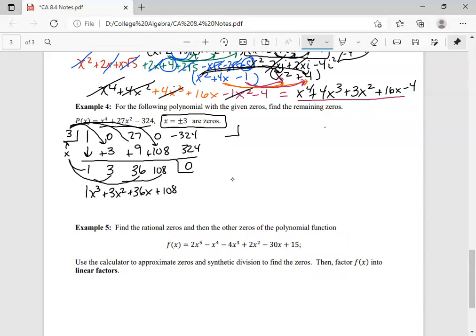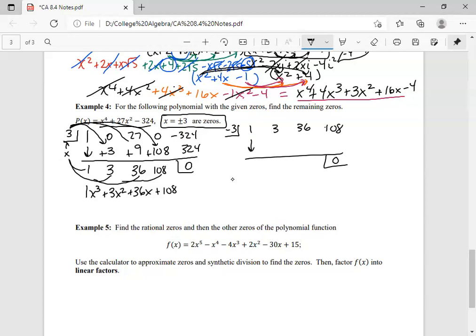So then you want to take that, same coefficients, 1, 3, 36, 108. I'm just taking my answer that I had before. And I know that my remainder is supposed to be 0 because I've got one more thing that I can make this a little bit smaller if I divide out what? -3. I already did +3. They told me that -3 was also an option. I could have done that first if I had wanted to, and it would have been fine.